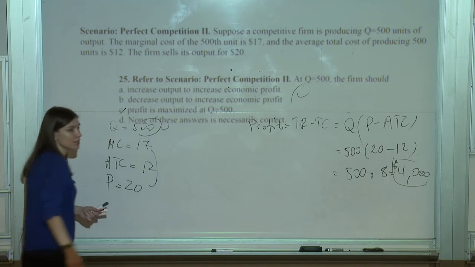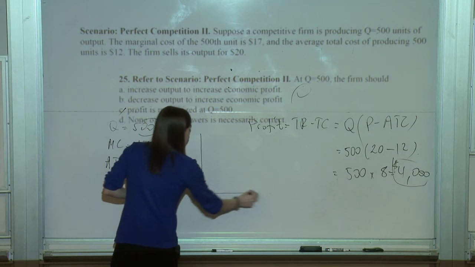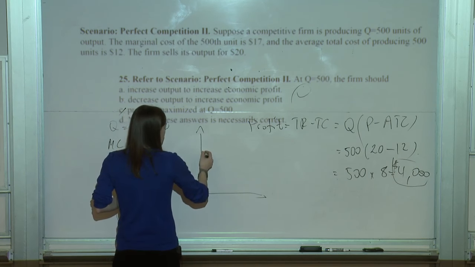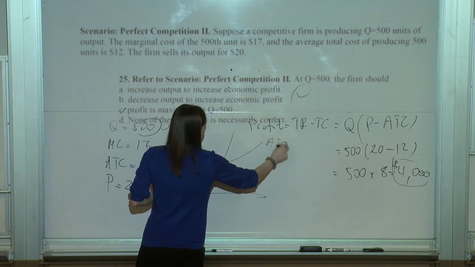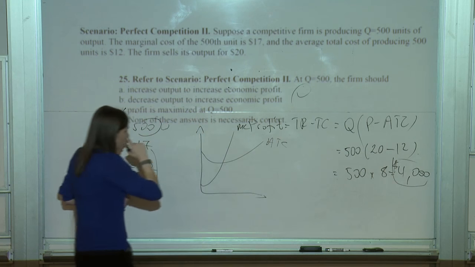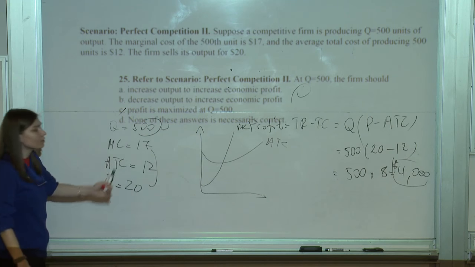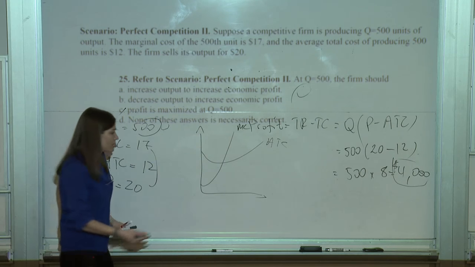Profit is not maximized. To help you think of this, we should probably draw the graph. All right, so we have average total, marginal, quantity. Well, we know that they're making positive profit, right? We know that we are above average total cost.